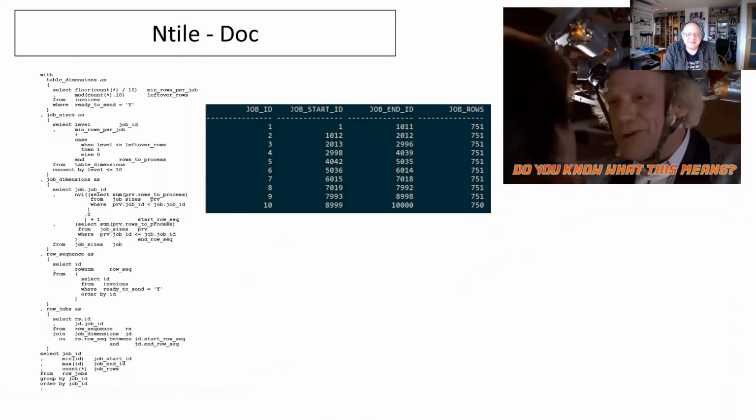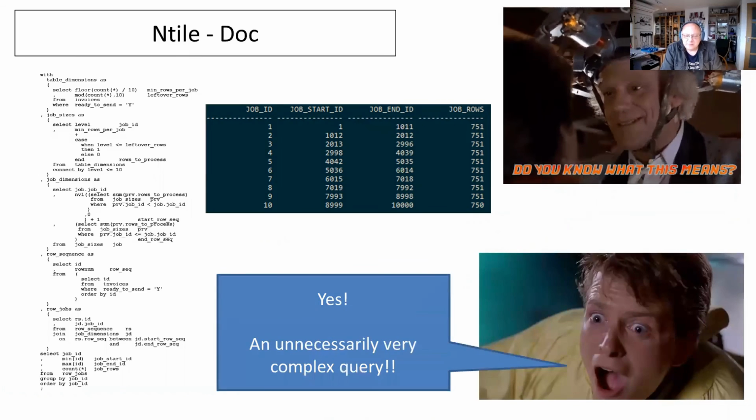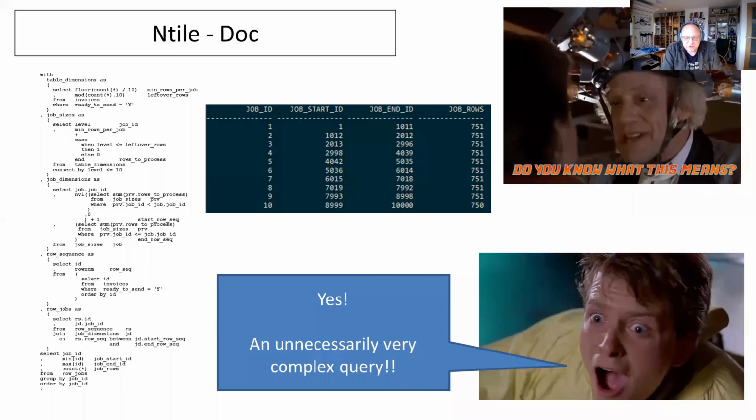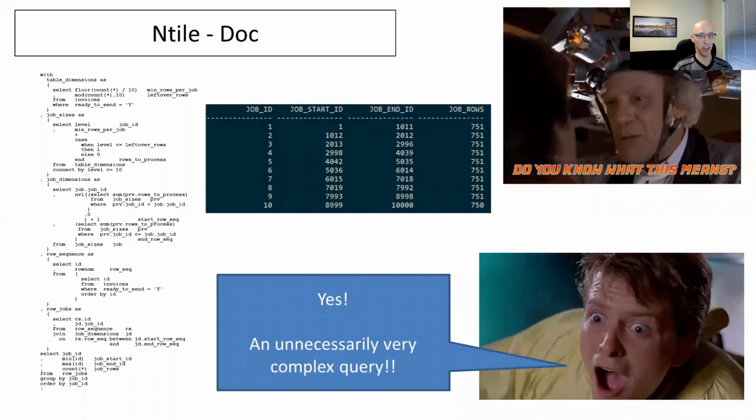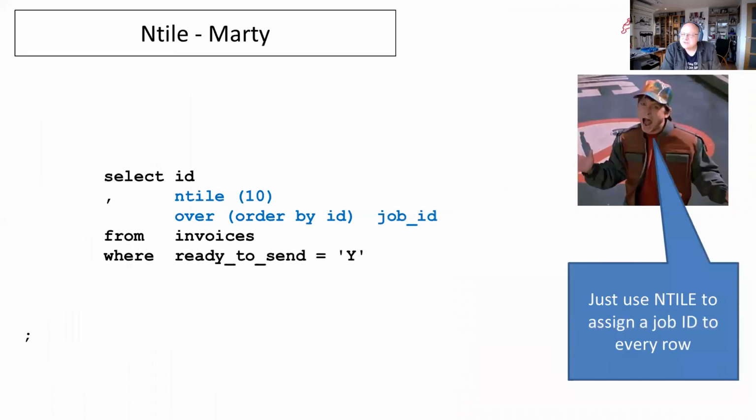Okay. So let's try to make this a little bit simpler. We can just do this. There's a function NTILE, which will do exactly what we want here, because NTILE takes the rows and divides them into buckets, as it's called. And it will assign a number to each row that indicates the bucket that row should be in.